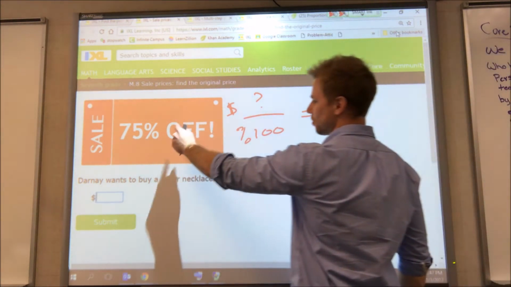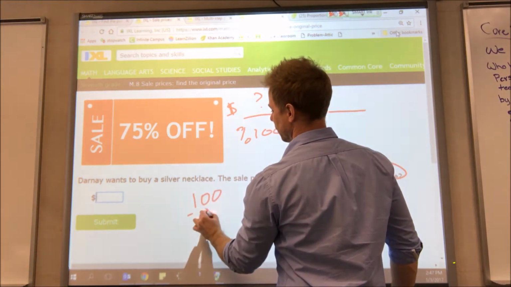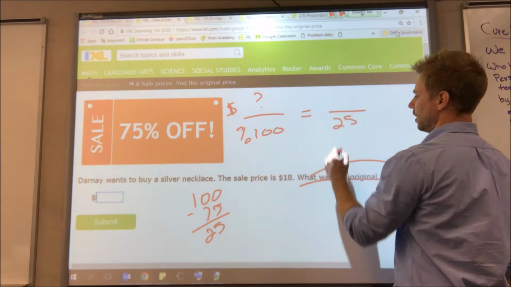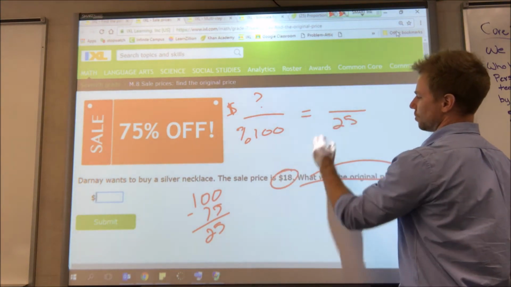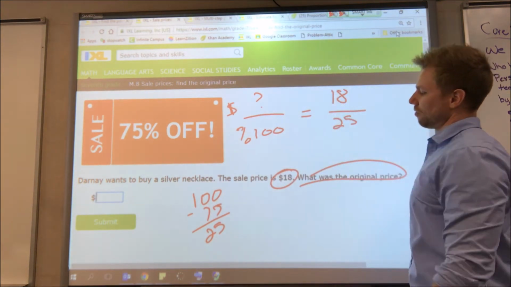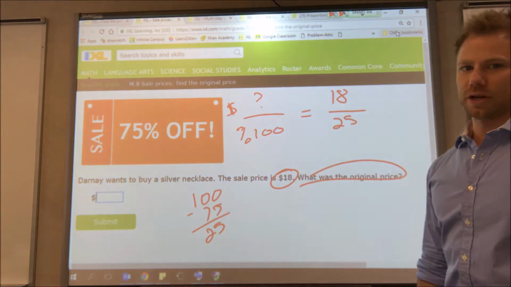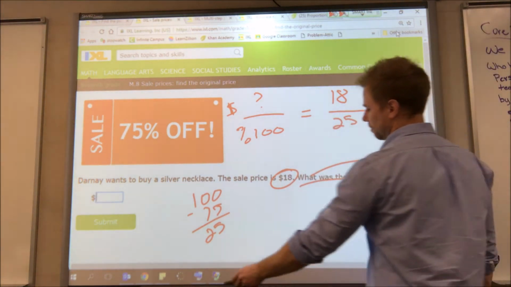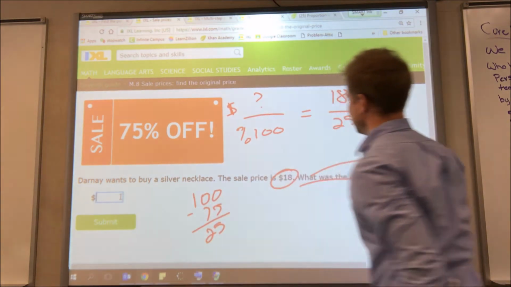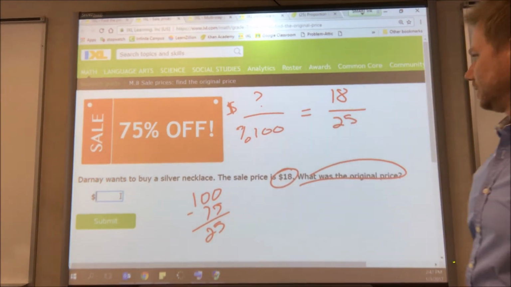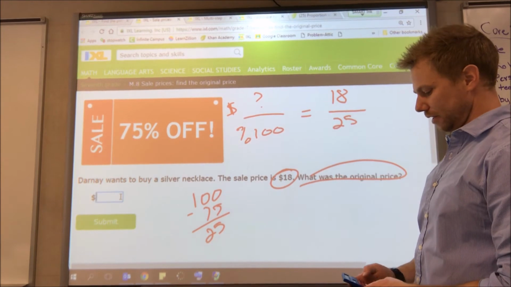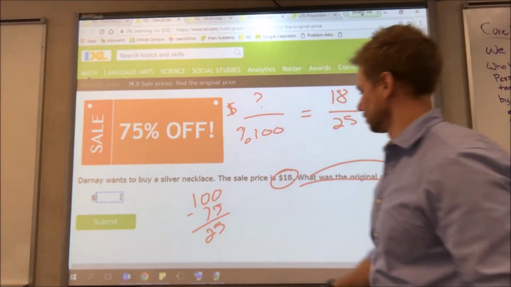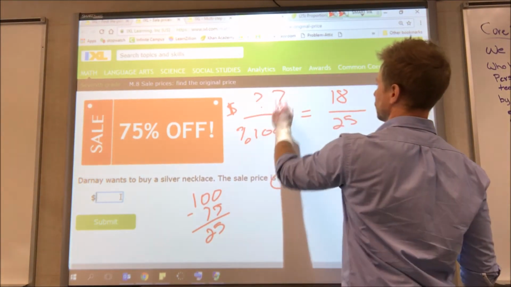If it's 75% off, that leaves us with 25% left, and 25% of the original price is $18. Then we cross multiply and divide. 18 times 100 is 1,800 divided by 25 is 72. So it'd be $72.